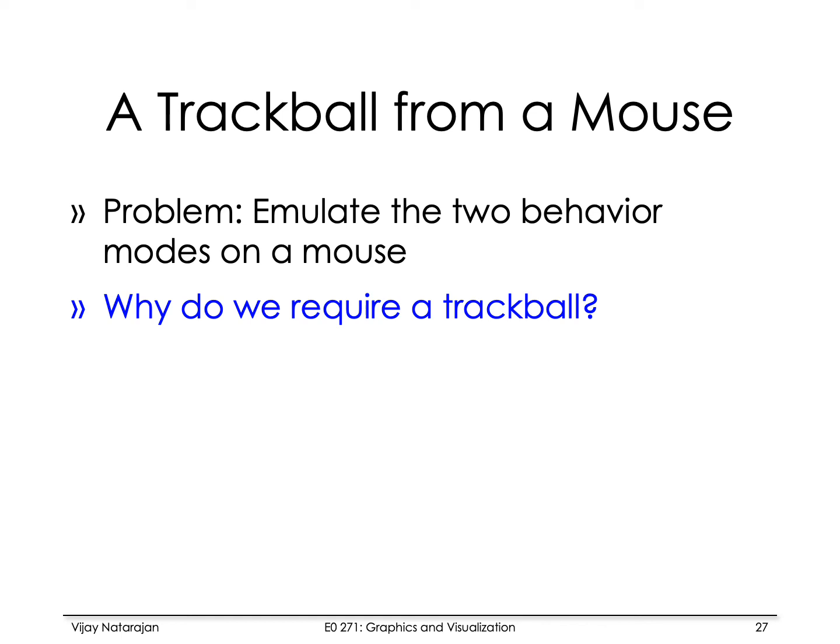So the answer is that you can imagine that the object that you are seeing on the screen lies inside the trackball. So imagine that the trackball is like a sphere, and your object lies inside the trackball. In order to manipulate your object, you can imagine that you are holding the trackball and rotating it like you would rotate a sphere or a globe.